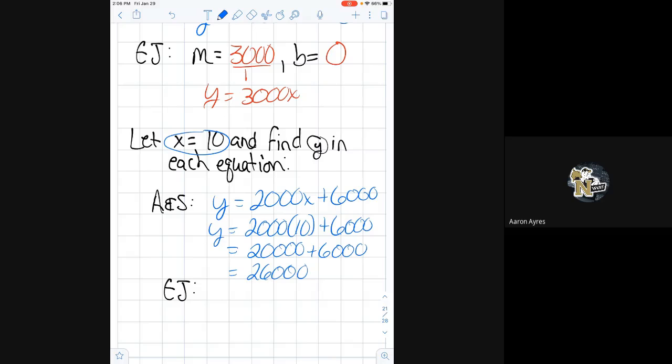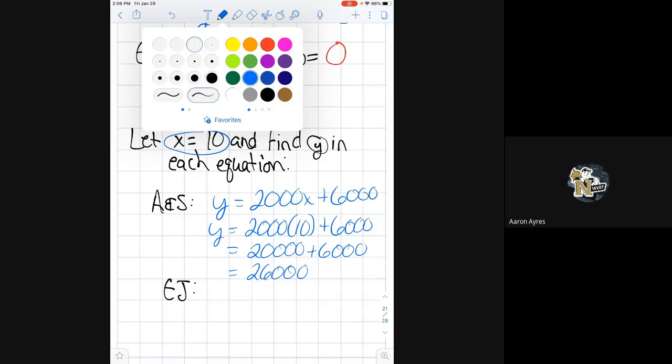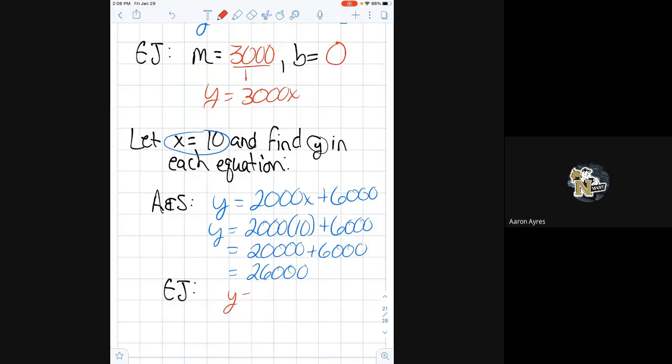Excellent. Okay. Let's do the same thing for EJ. Start with the equation. Yes, this is expensive. y equals 3,000 times x. I'm sorry, I meant to put 10 in the parentheses that time. 10.